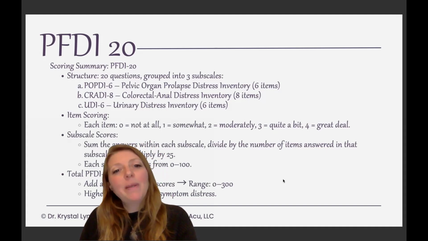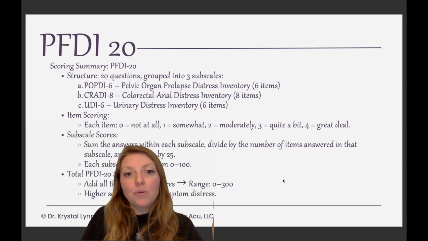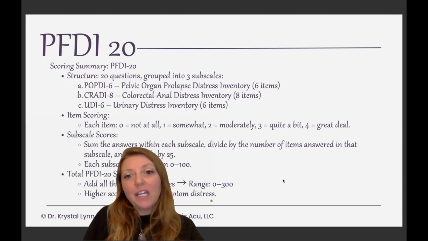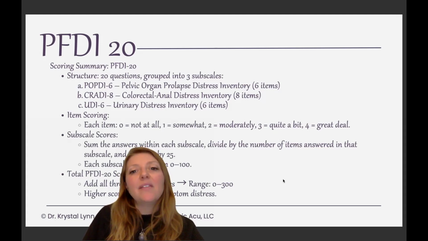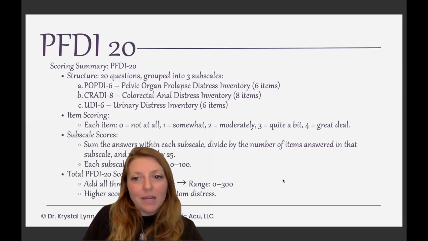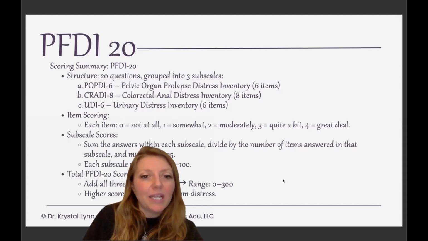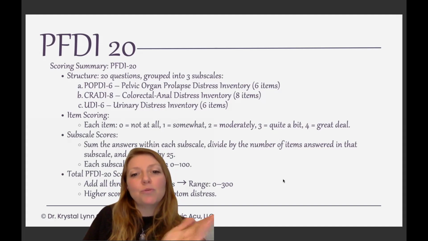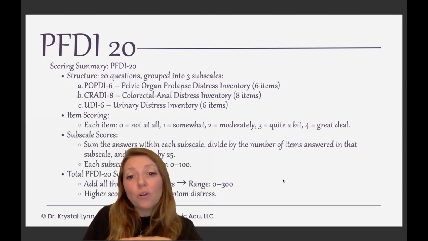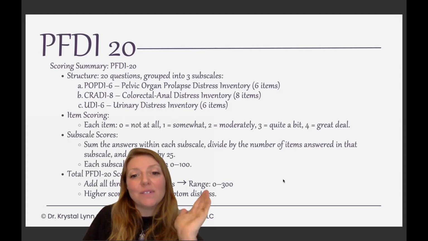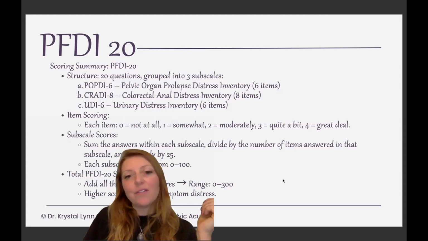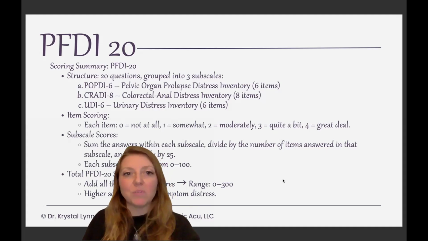What happens is you add the answers up within each of the subscales, divide by the number of items answered in that subscale, and multiply by 20. Each subscale ranges from 0 to 100. So then the total is going to have a range of 0 to 300. The higher the score, the greater the symptom distress.